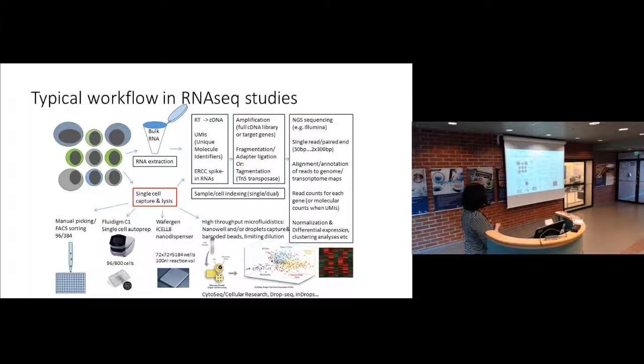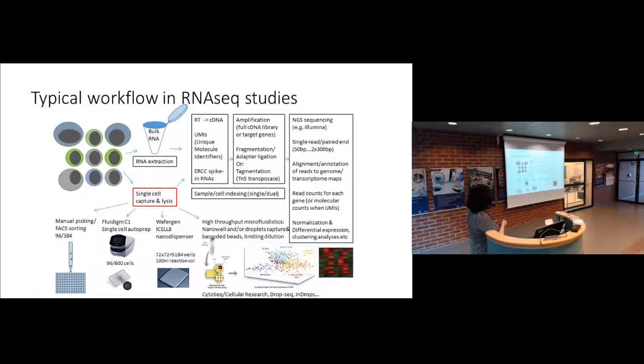You can do manual picking or FACS sorting to put one cell in each well, or use these automatic cell capture devices. I'll go into this in detail. Then you lyse and tag them so that later you know which cell each Illumina read came from.